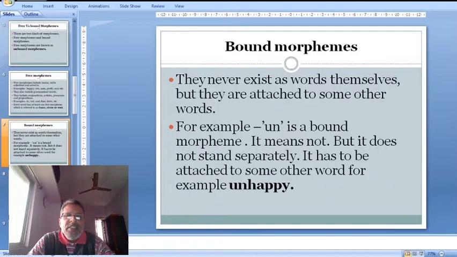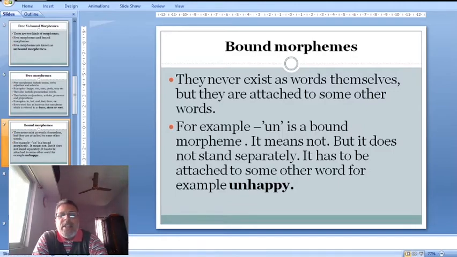Bound morphemes never exist as words themselves, but they are attached to some other words. For example, "un" is a bound morpheme. It means "not", but it does not stand separately.